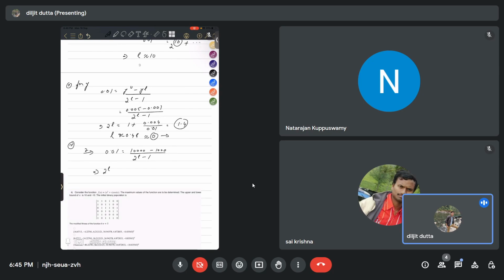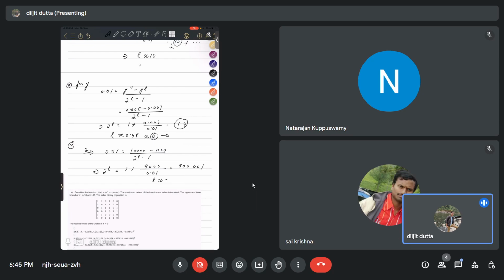So 2 to the power l equals 1 plus 9000 by 0.01, which is 900,001.